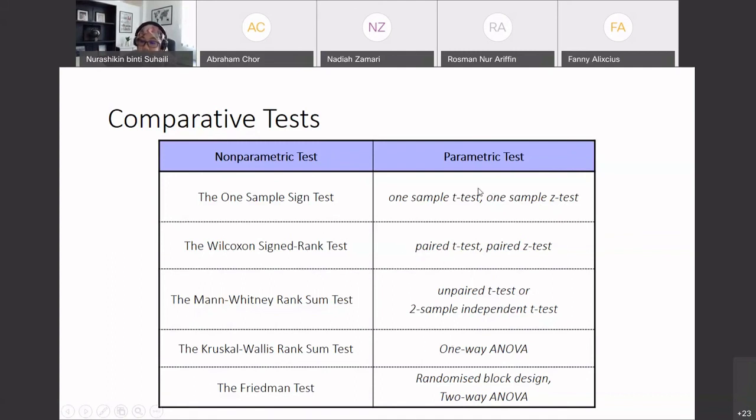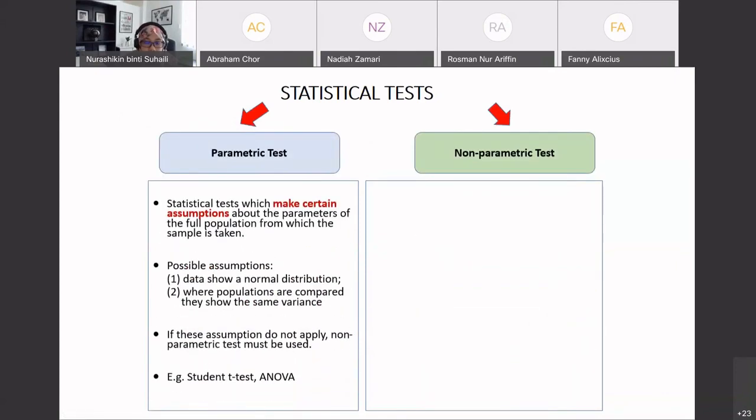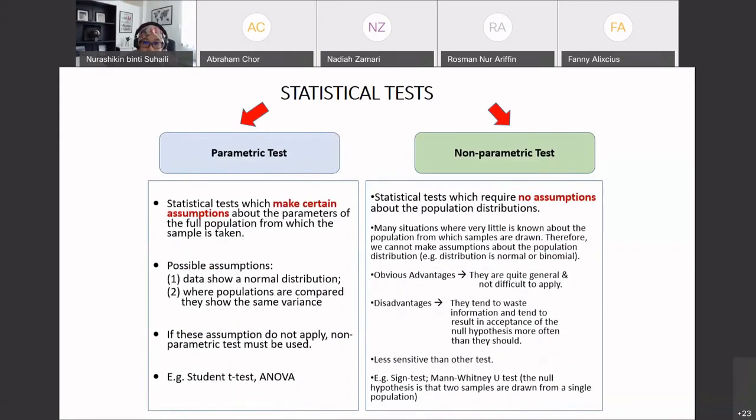ANOVA is under the parametric tests. The t-test is also under the parametric tests. So these are some comparisons. The parametric test makes certain assumptions about the population. A possible assumption for the parametric test is that the data shows a normal distribution.